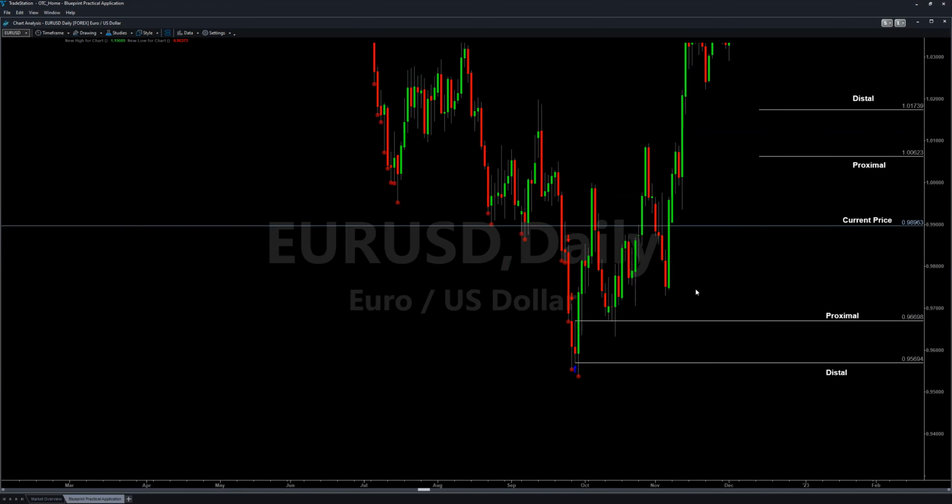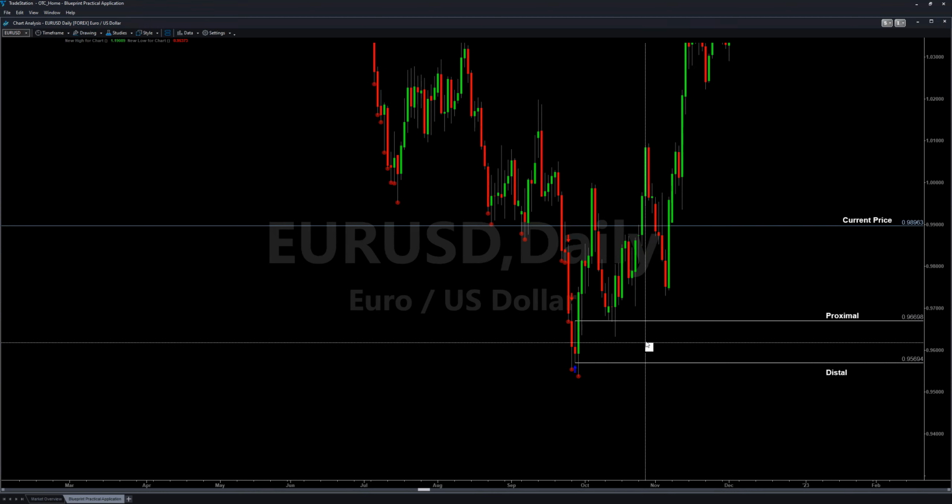It means here this is a proximal line, and it is the wider version. Why is it the wider version? Because we set our proximal line on the top of the demand area on the base candles, and our distal line on the lowest point of the base candle.